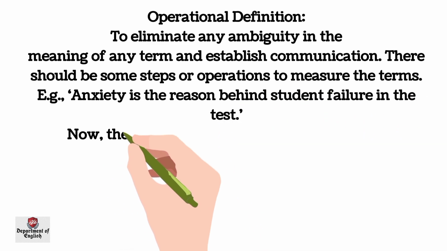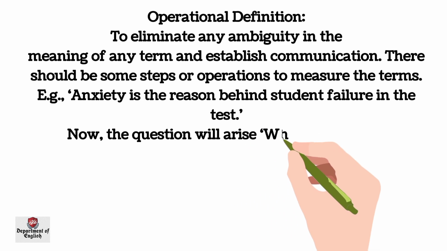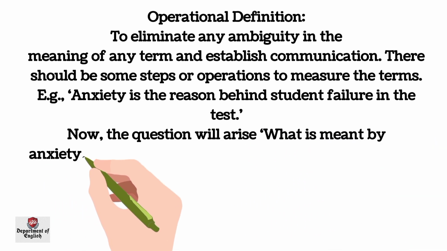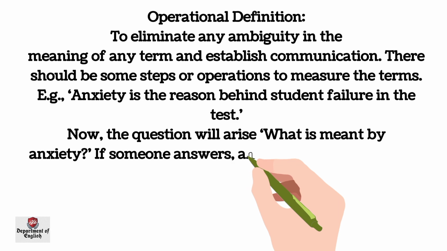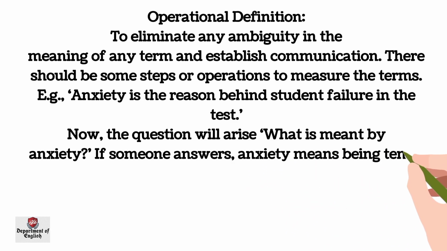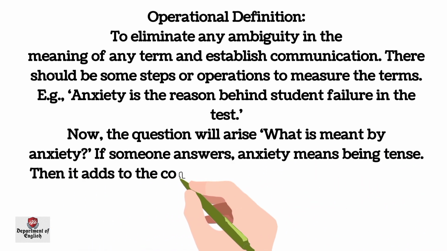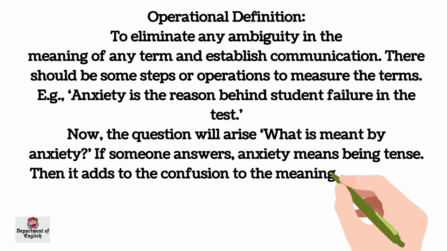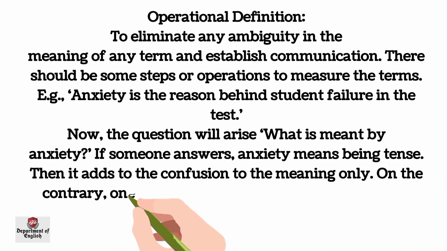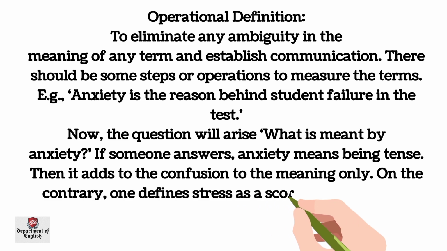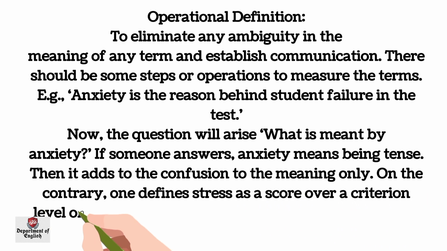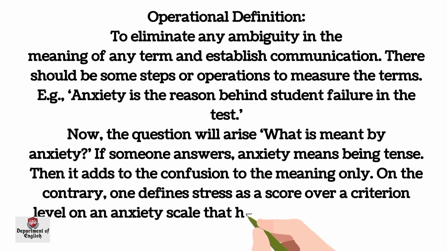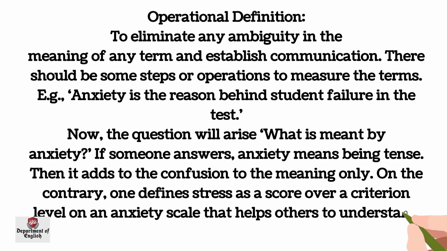Now, the question will arise: what is meant by anxiety? If someone answers, anxiety means being tense, then it only adds to the confusion. On the contrary, one defines anxiety as a score over a criterion level on an anxiety scale, which helps others to understand what anxiety is.